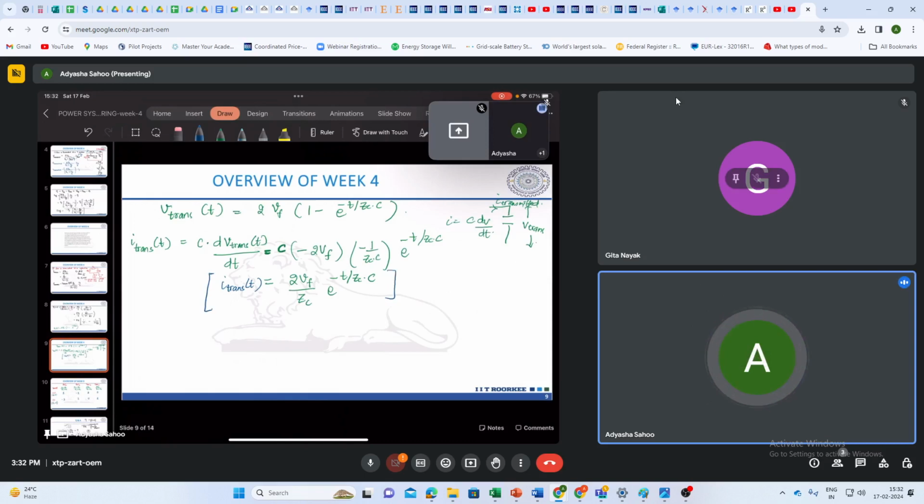Now from this, if I calculate V reflected of t, that is half of V transmitted minus I_T Z_C.